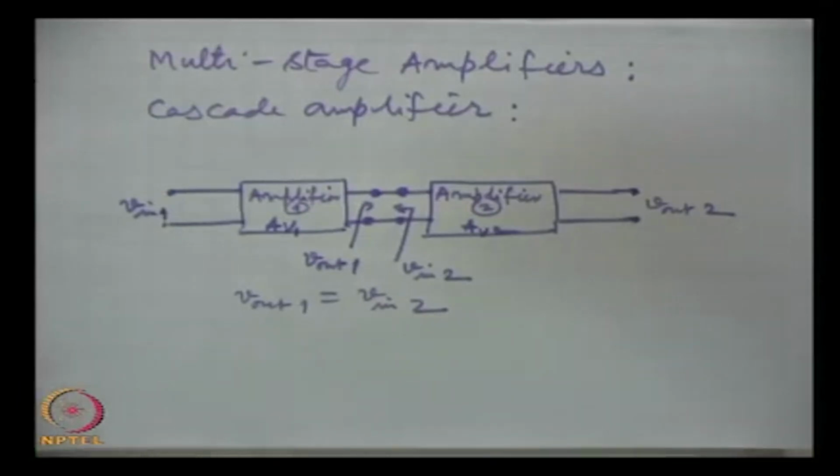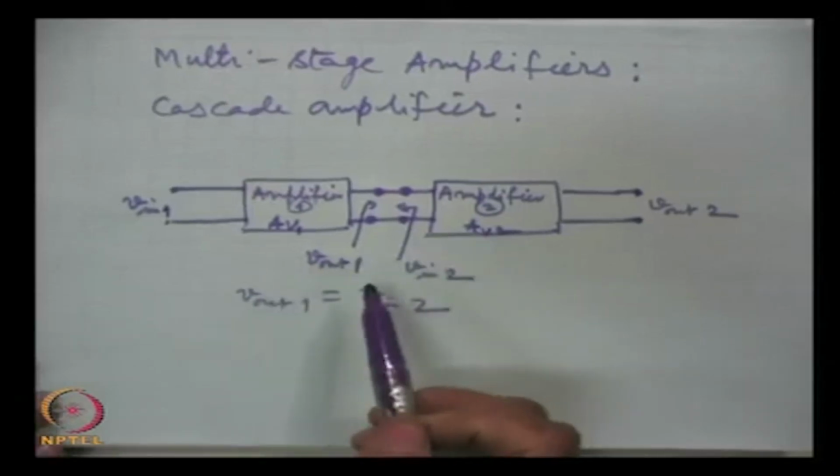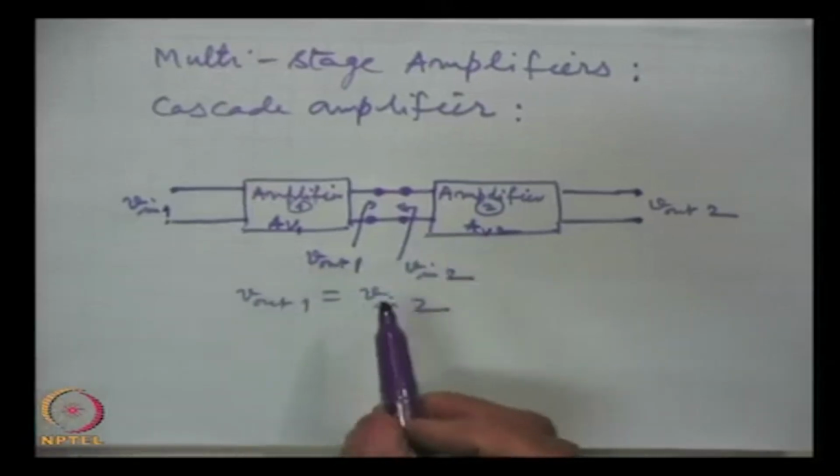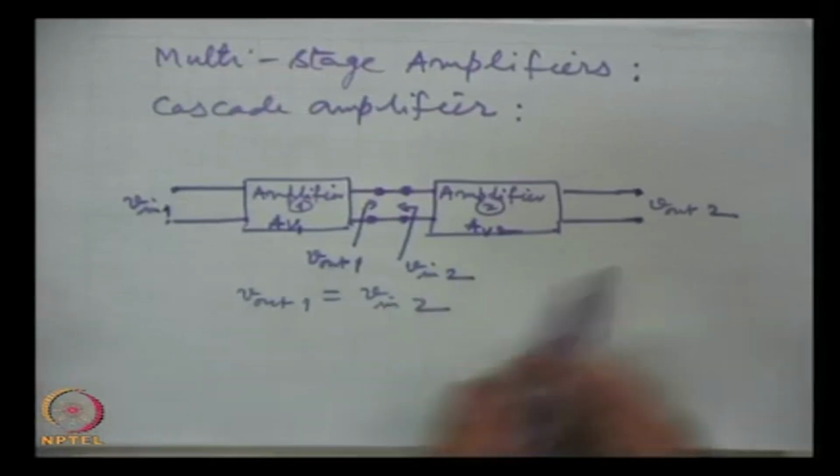Now, in these two cascaded stages, what is most important? There are a few things which are most important. One is, what is the overall gain?